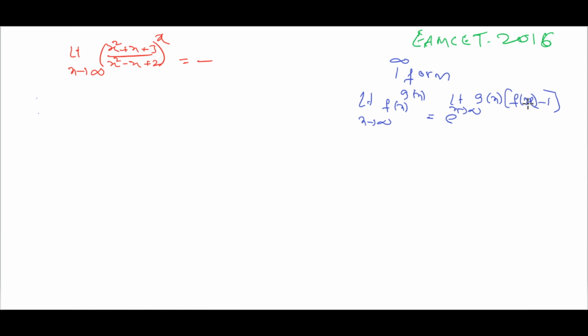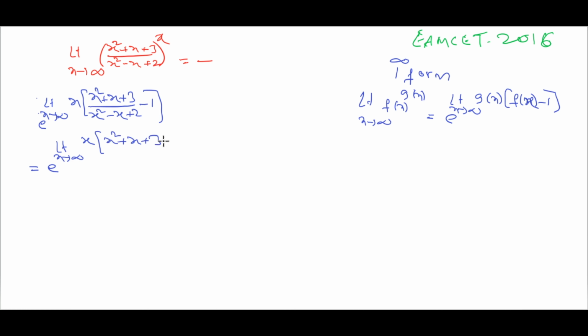Substituting this formula, that is equal to e to the power of limit x tends to infinity, x into (x square plus x plus 3 by x square minus x plus 2 minus 1), that is equal to e to the power of limit x tends to infinity, x into, take LCM, that is x square plus x plus 3 minus x square plus x minus 2 by x square minus x plus 2.